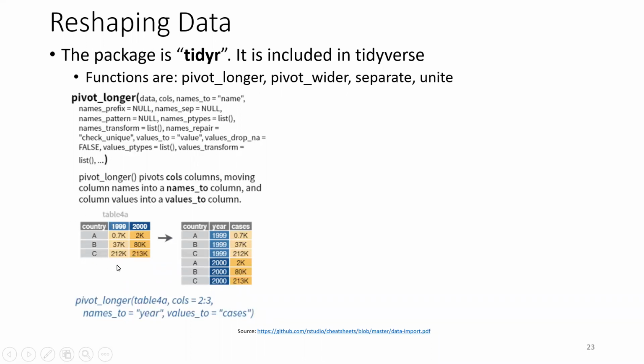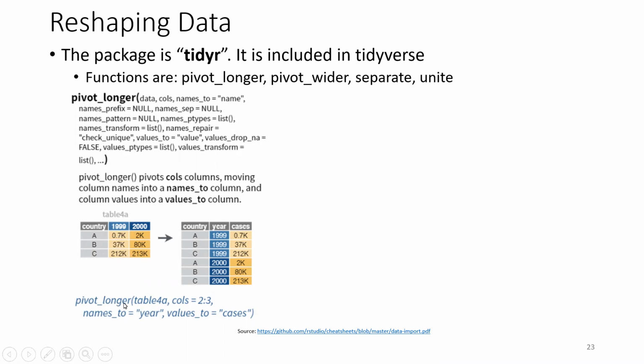If you look at this example, we can see that table4a is not tidy because, looking at the row, the row does not represent a single observation. So the pivot_longer function can be used to wrangle or reshape it into a tidy form.